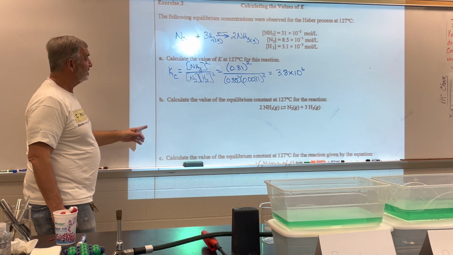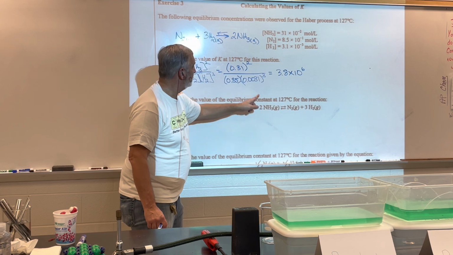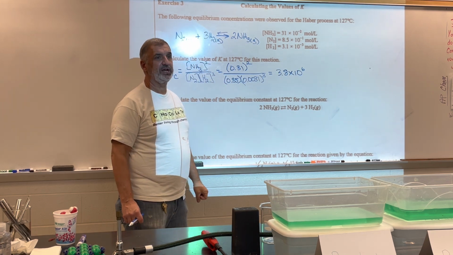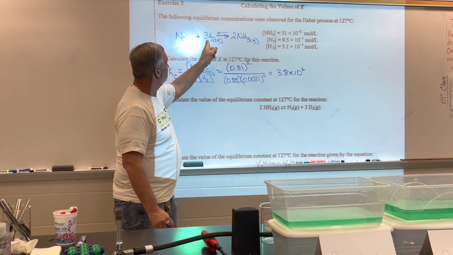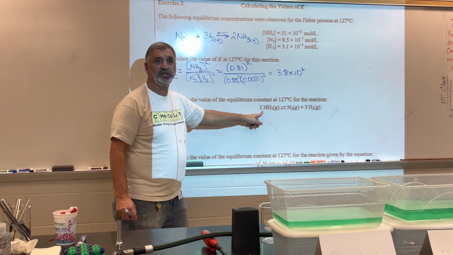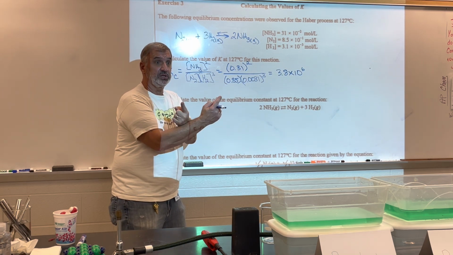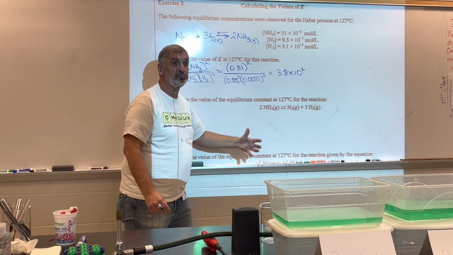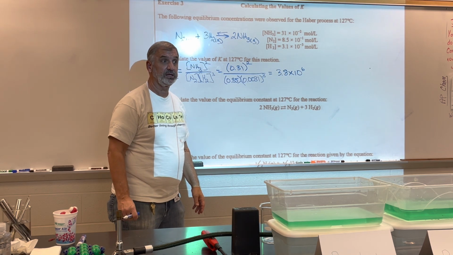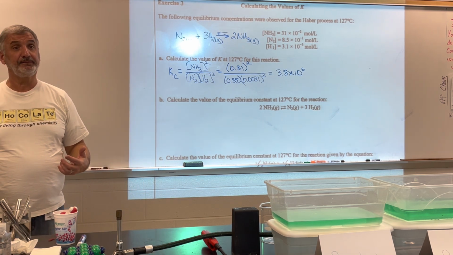Now, let's look here. What's the difference between this equation and that equation? Everybody look. They're just reversed. The coefficients are all the same, it's just reversed. So what does that mean about products and reactants? So what does that mean about the value of K?